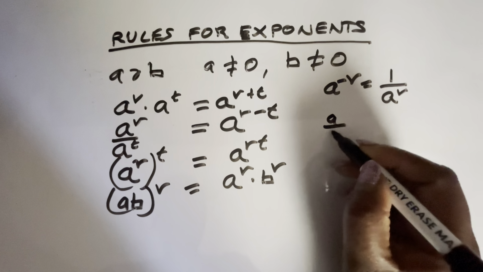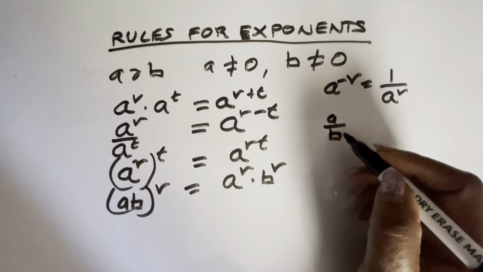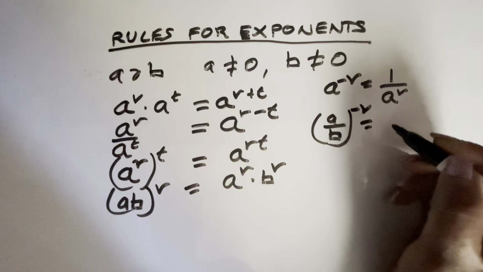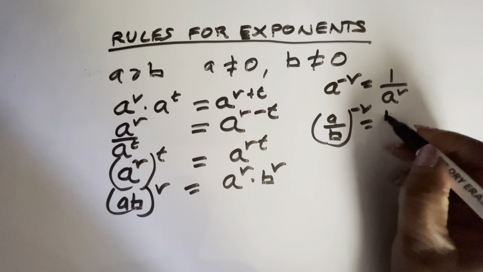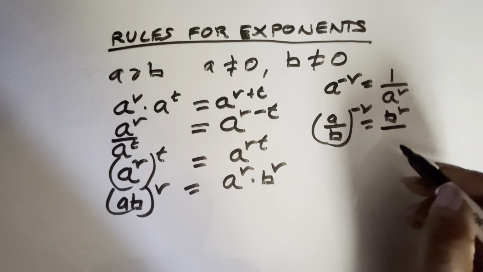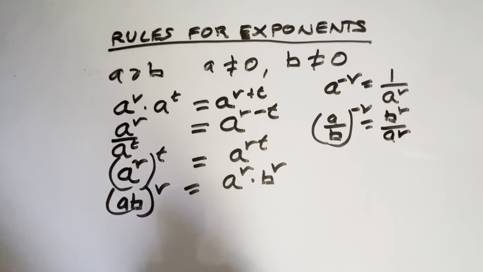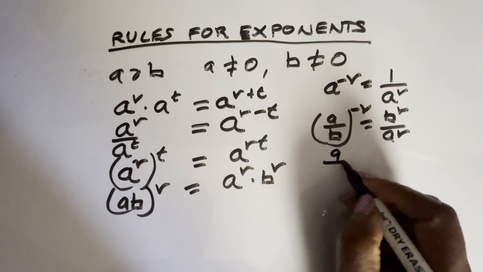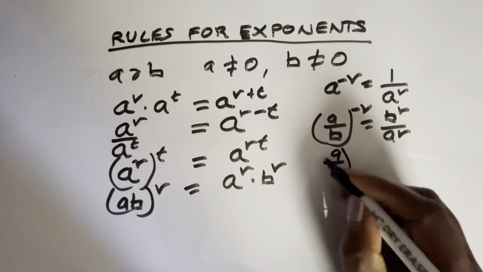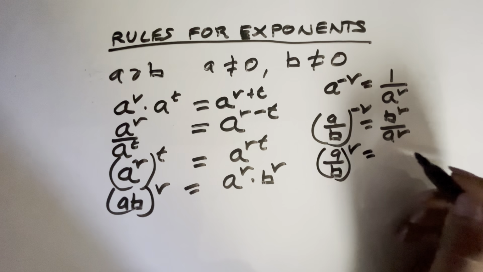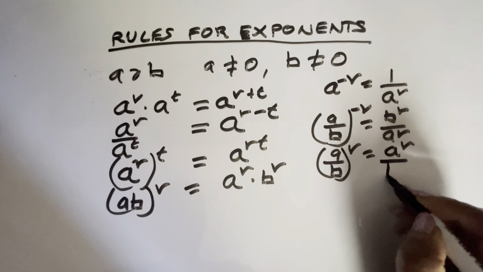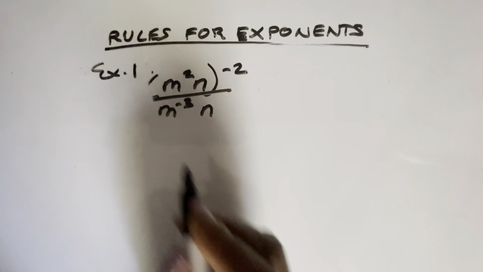A over b, all raised to a negative exponent, this will give us b to the power r over a to the power r. And then if we have a over b to the power r, this is going to give us a to the power r over b to the power r.